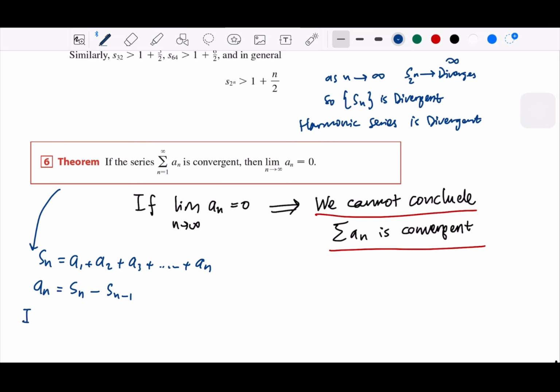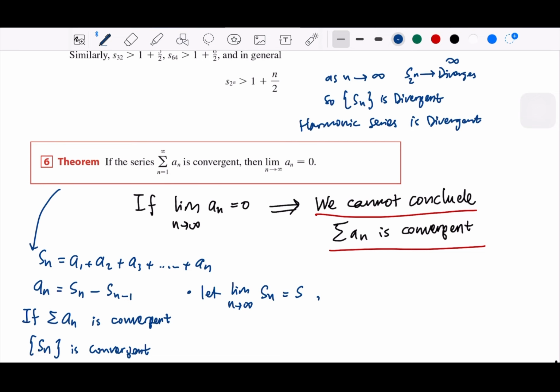So if the sum of an is convergent, then the sequence of Sn is convergent. And if you let the limit of Sn have a value S, okay.